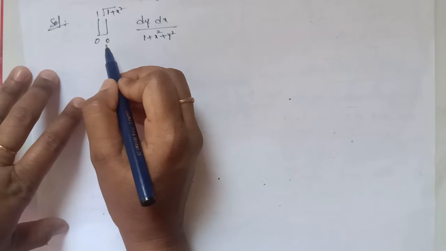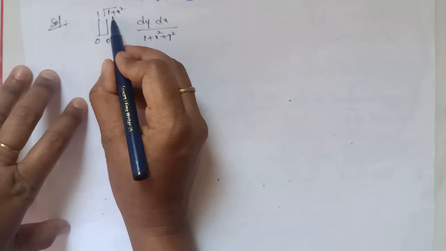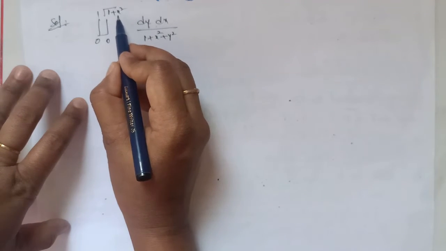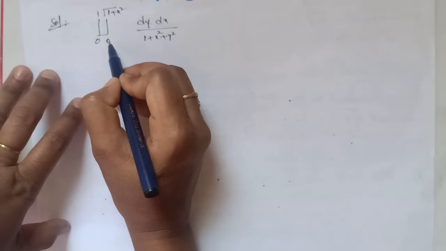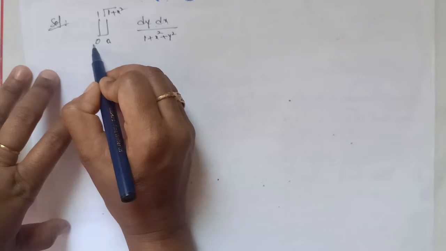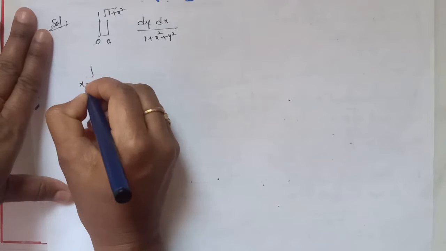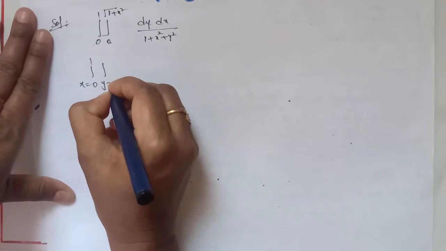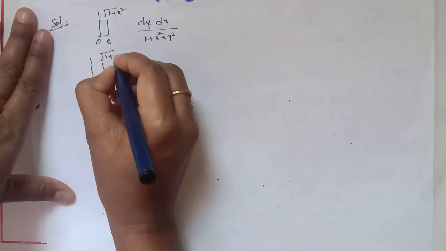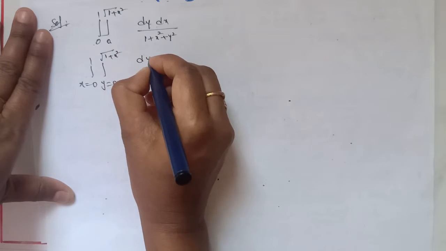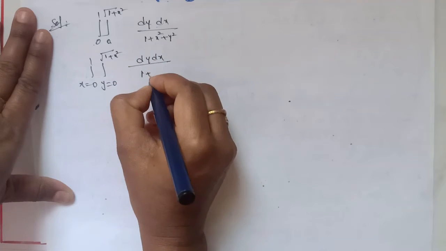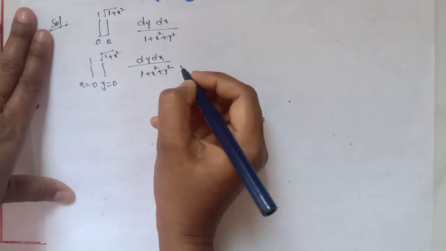What are the limits of x and y? If you look at this upper limit, you have the x variable in it, therefore these are y limits and these are x limits. You have x from 0 to 1 and y from 0 to under root 1 plus x square, dy dx by 1 plus x square plus y square.